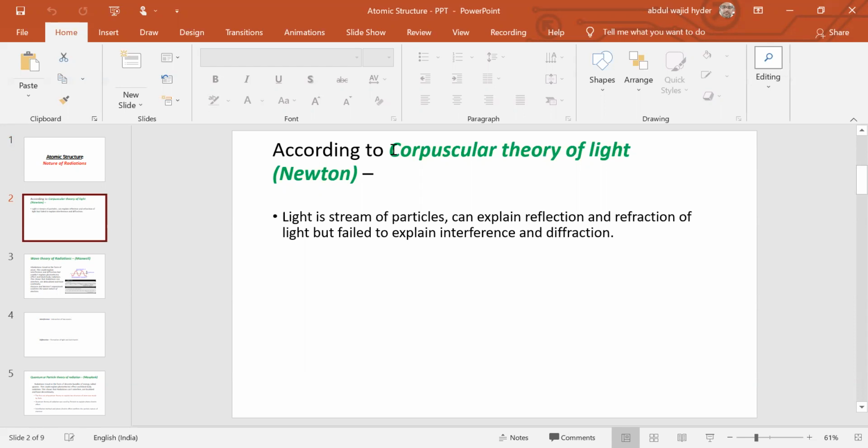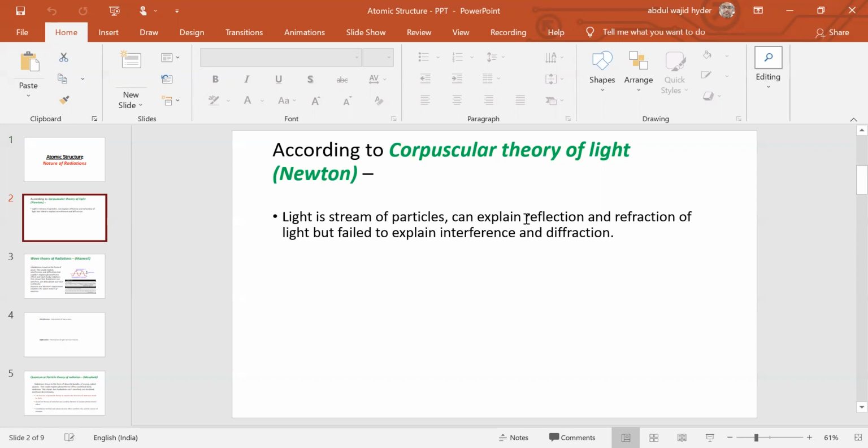So according to corpuscular theory of light, which was given by Newton, light is a stream of particles. This corpuscular theory of light can explain reflection and refraction. You know reflection, and you know refraction also, that is there in physics light.